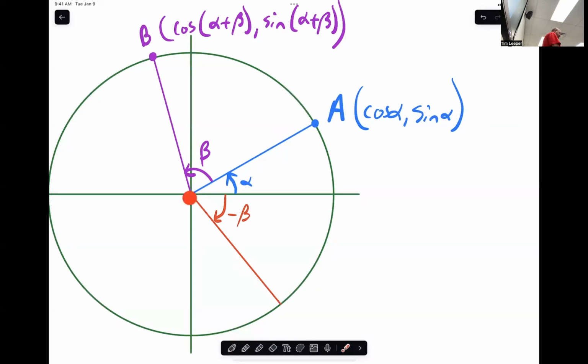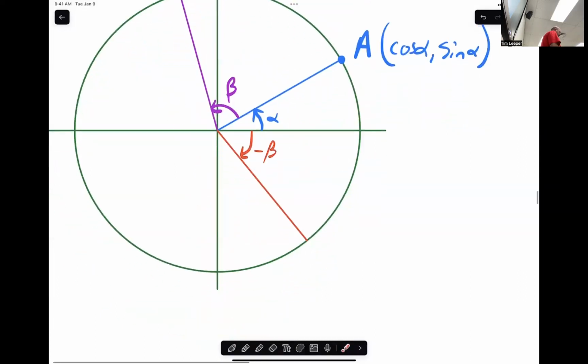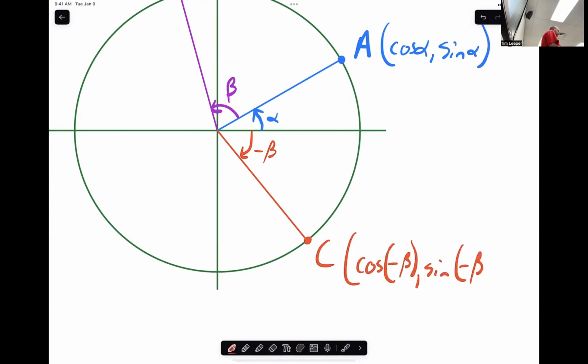But since this one is from the positive x direction going down, this is actually the angle that we're looking at here. And on the unit circle, again, the coordinate here, I'm going to call that coordinate C. The x-coordinate is cosine of the angle. So this is going to be cosine of the angle, which is negative beta, comma, sine of the angle, which is also negative beta.